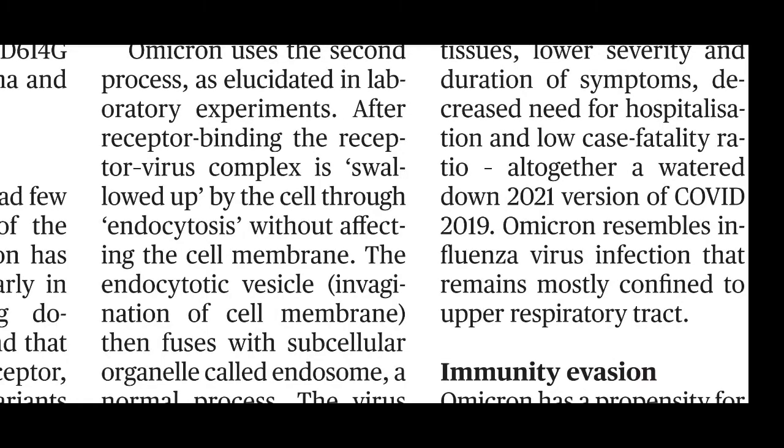After receptor binding, the receptor virus complex is swallowed up by the cell through endocytosis without affecting the cell membrane.